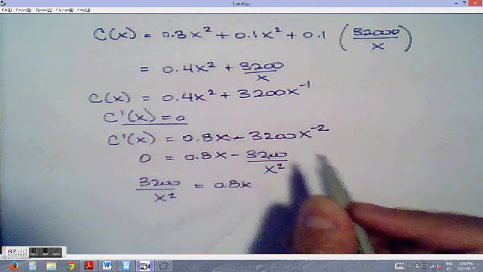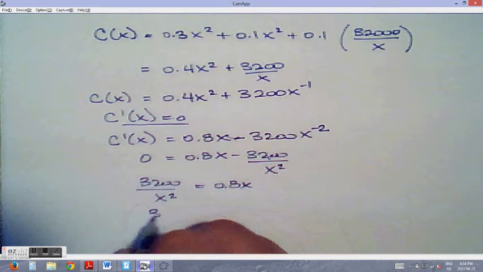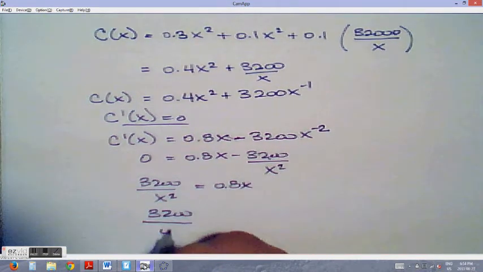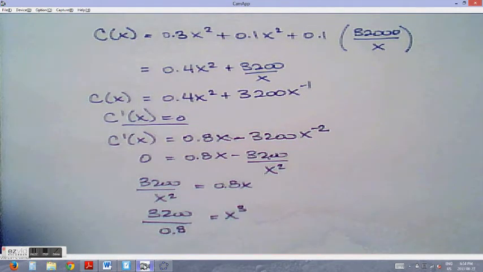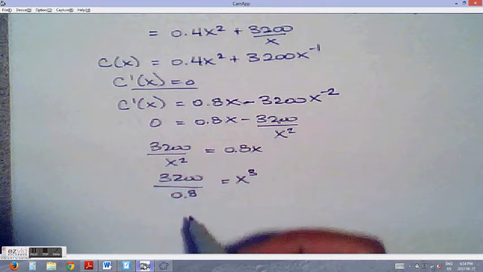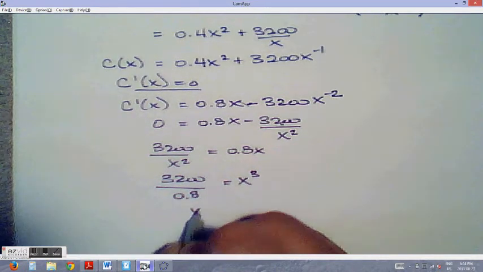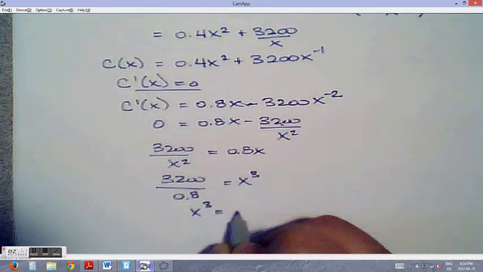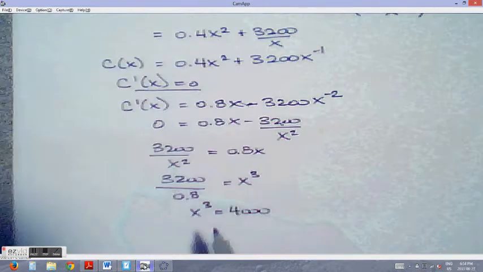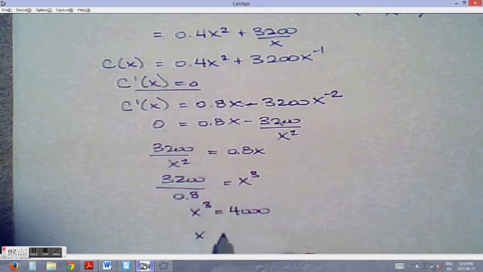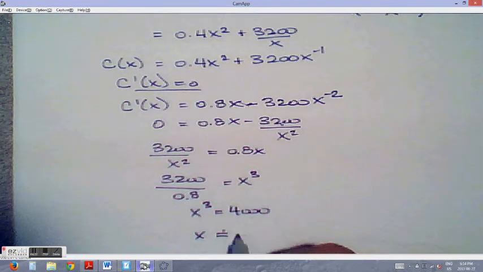Okay, flip-flop, x cubed. That works out to be x cubed is then equal to 4,000. And then punching that into our calculator, we would see it's approximately equal to 15.9 centimeters.